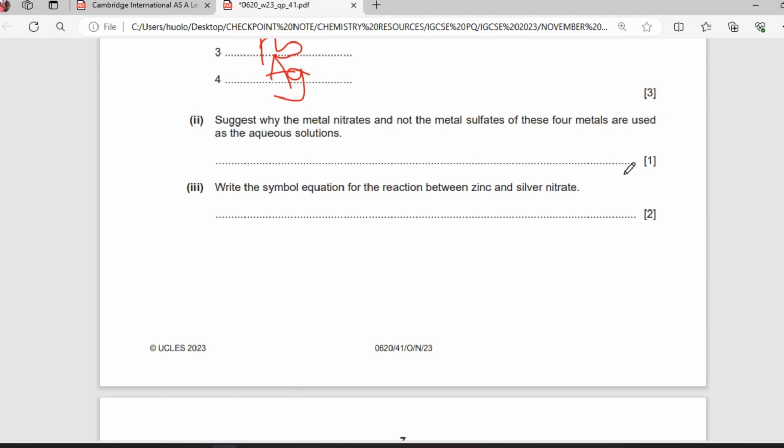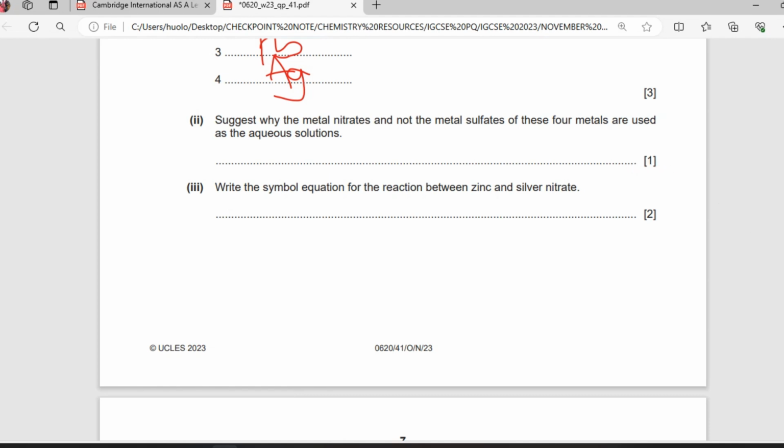Okay, so you can say that lead sulfate is insoluble, and what that means is that if the reaction is taking place, the moment lead sulfate forms, the sulfate is going to coat the metal and it will prevent further reaction.